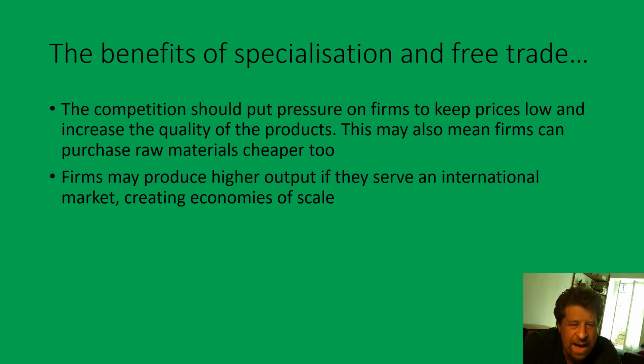The fact that companies are producing so much and they're specialising will create economies of scale. We know if you produce on a very big scale, you can make savings. You can get the average costs down because you're making more use of your fixed costs.